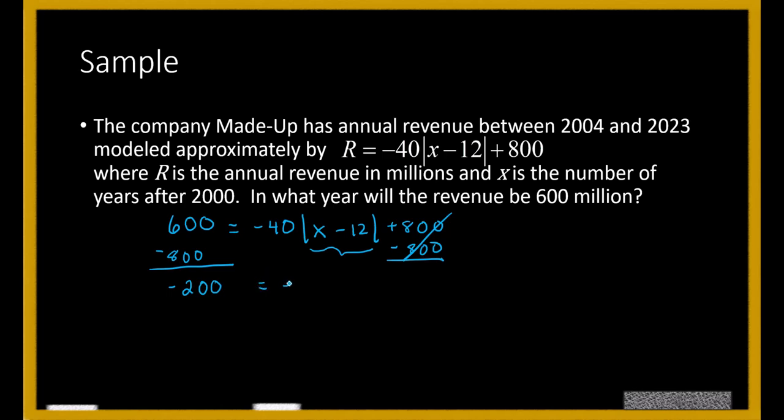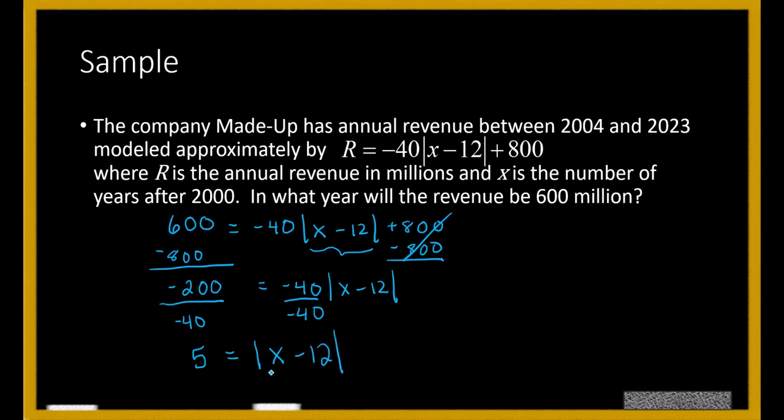So we bring down the rest of the problem: negative 40 times the absolute value of x minus 12. Now we can divide both sides by negative 40, and we have 5 is equal to the absolute value of x minus 12.